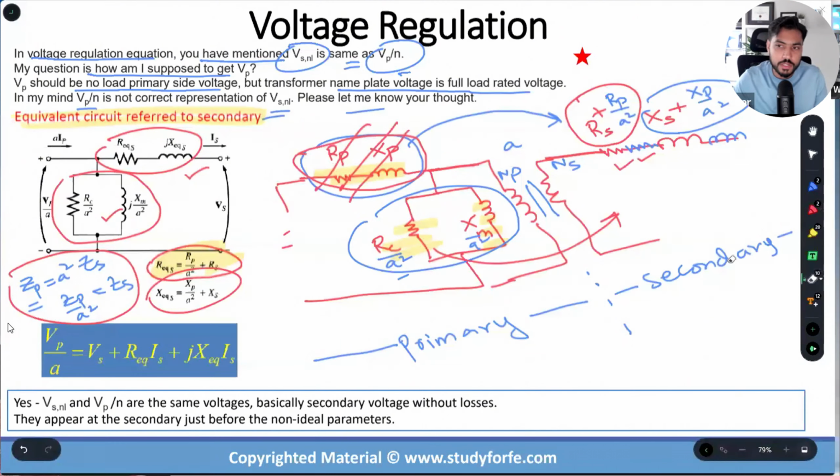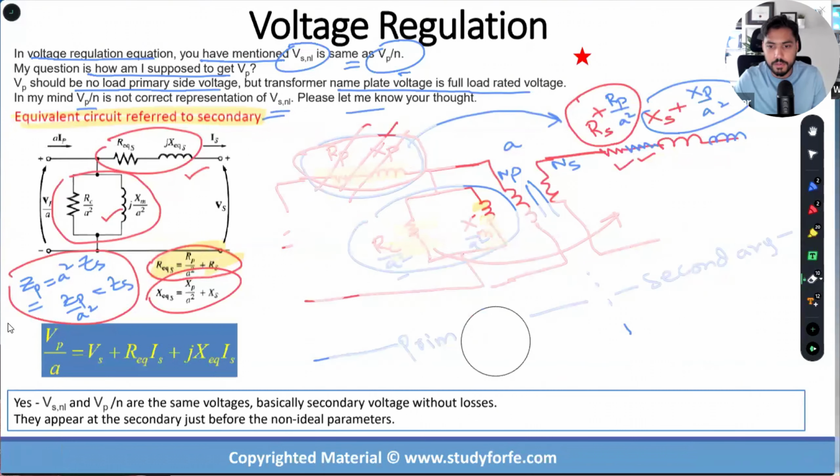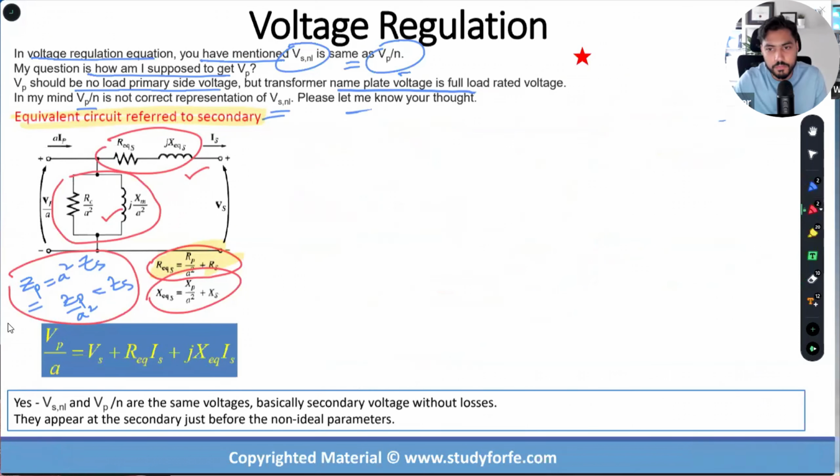Now, let me redraw this. I have this habit of just scribbling and scribbling, but since I already have a diagram in front of me, I'll hopefully do a better job now. So what I'm left with is this ideal transformer. I have moved over. Now you can argue that, okay, Wasim, the series parameters are going to appear first or the parallel block is going to appear first. How did we address this question?